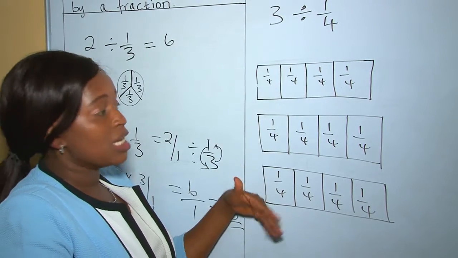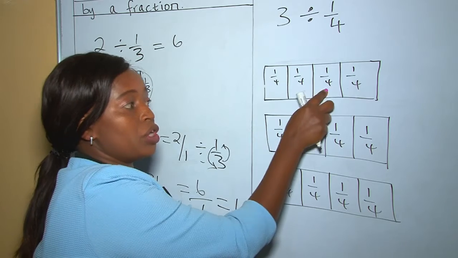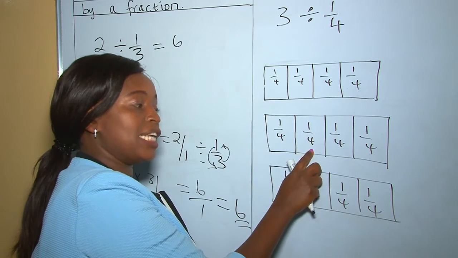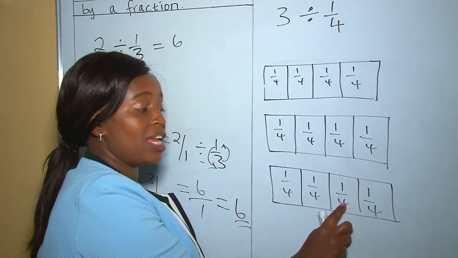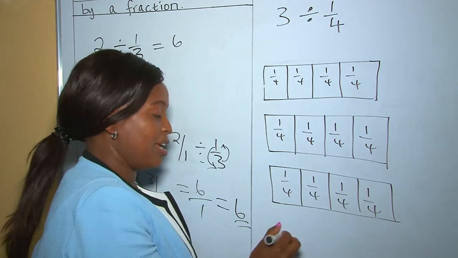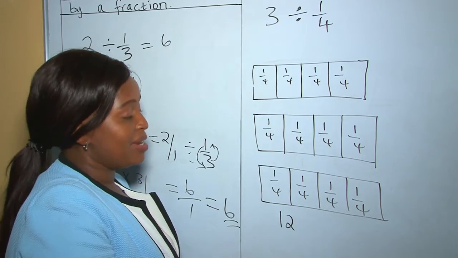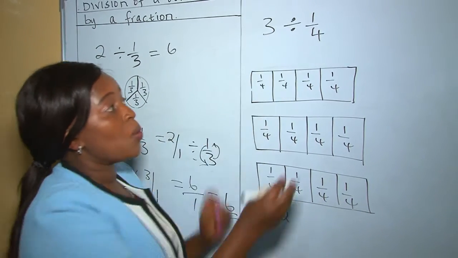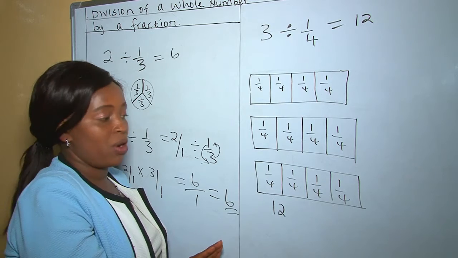Each bar is divided into quarters. So how many quarters are there in total? 1, 2, 3, 4, 5, 6, 7, 8, 9, 10, 11, 12. Therefore, there are 12 quarters, and 3 divided by a quarter is 12. This is using the practical approach.